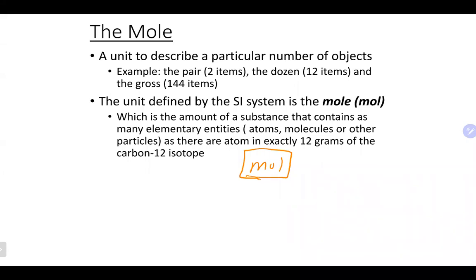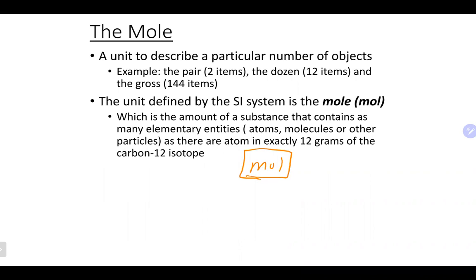And a mole is basically the amount of substance that contains as many elementary entities, like atoms or molecules, as there is in the carbon-12 isotope. I believe we talked about the carbon-12 isotope. If you remember, that is the one they chose to get us all of our atomic masses that we find on the periodic table.